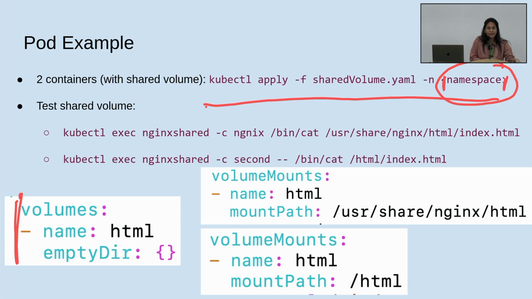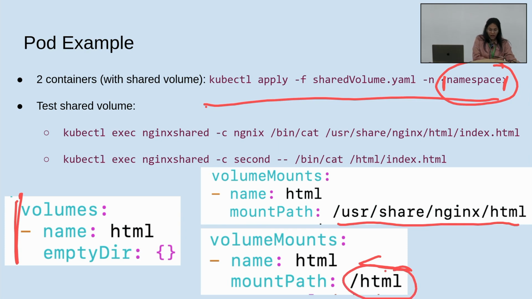This volume can be shared across the containers in the pod, and they can be mounted to different locations. The first nginx container mounts it to the /usr/share/nginx/html location, and the other one running along with this nginx container mounts it into the HTML path.